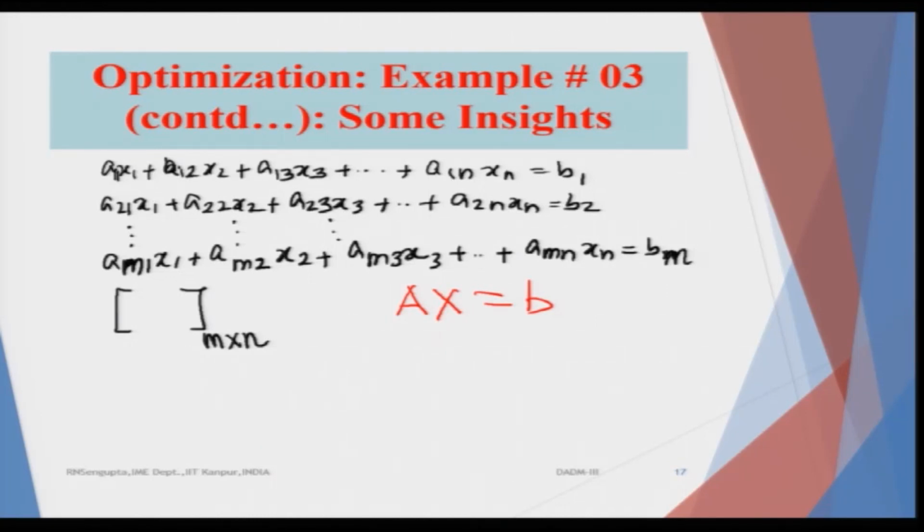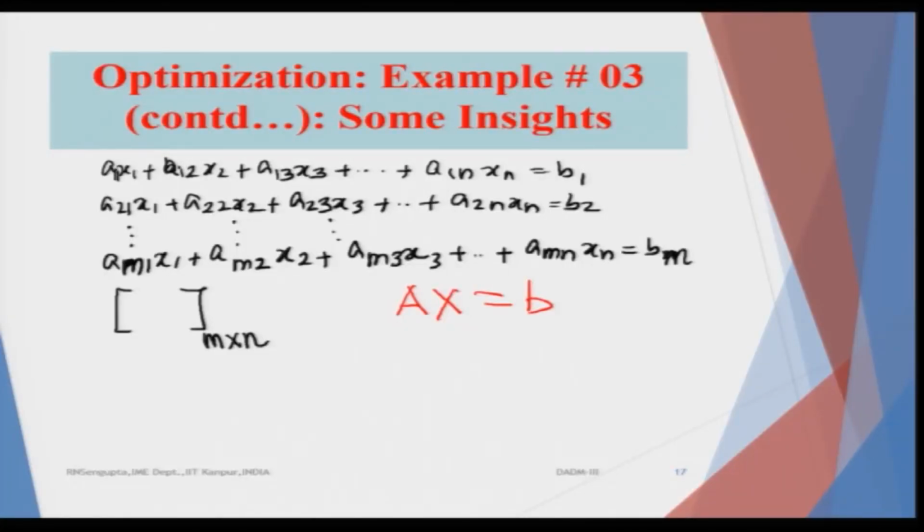Whether it is a column vector or a row vector would depend on the dimension of the problem. So, if A is of dimension m cross n, then x would be n cross 1, such that the overall result by multiplying A and x would be m cross 1. So, m cross n is for A, n cross 1 is for x, and m cross 1 is for B.